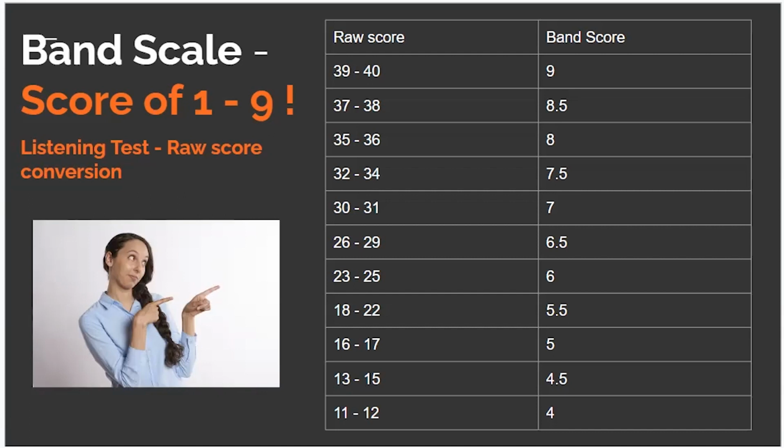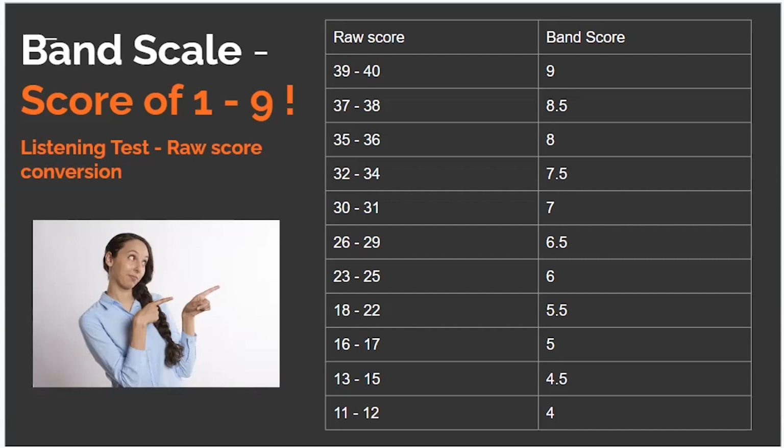Those who get a score of 13 to 15 will be awarded a band score of 4.5. Then 16 to 17 will be awarded a band score of 5, and so on. So this is how the score matches with the band score.